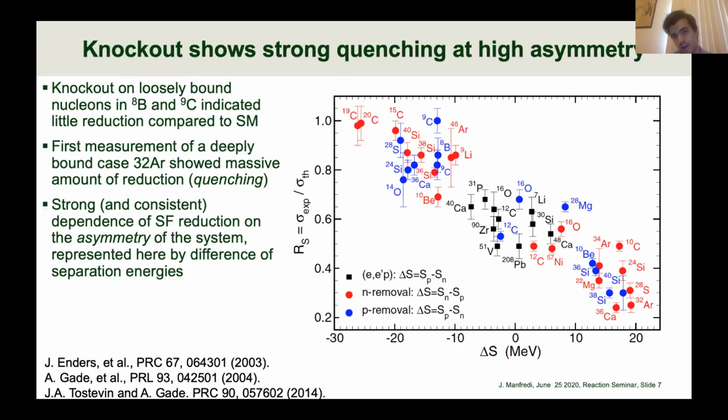And you can see here that for both cases, when we're removing loosely bound nucleons, we capture the spectroscopic strength much better than in the case of deeply bound nucleons. So I mentioned argon-32, but there's all of these other systems that have been studied with this knockout technique. So this is well established, this strong asymmetry dependence or quenching of reduction factors using knockout.